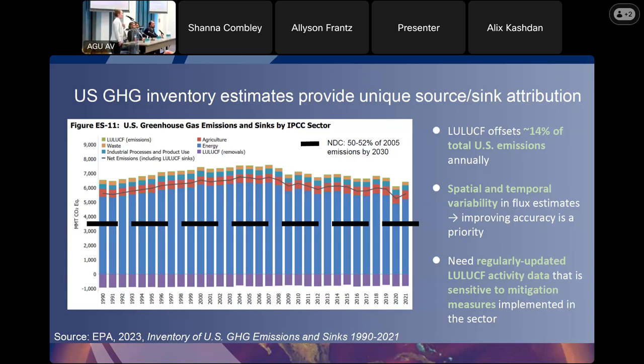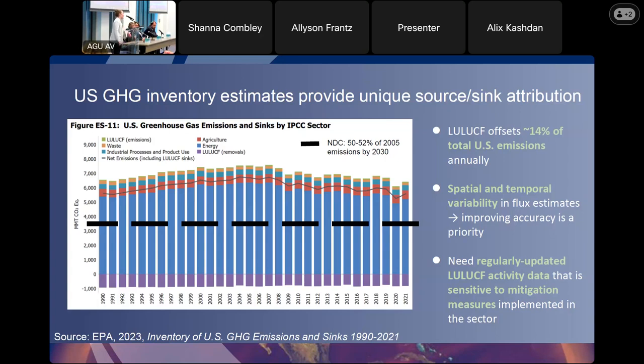You'll see that the land use change and forestry (LULUCF) sector offsets about 14% of the total US emissions annually. This amount changes across space and time. It's very variable because these are natural emissions and removals. If you have a big fire year or if temperatures and droughts impede the absorption of carbon dioxide in these natural systems, that'll be reflected in how much of a discount, as John used, is applied to our overall national estimates.